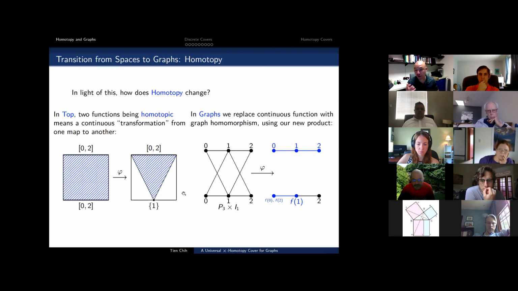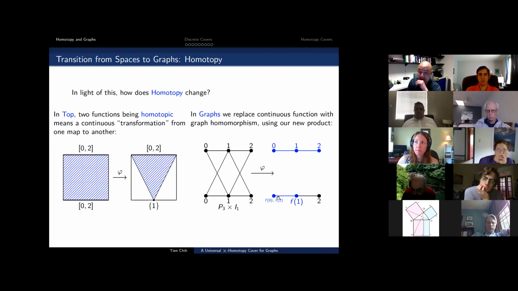The analogous thing that happens in graphs is we take the original 0, 1, 2 path and cross it with I_1, and we get something like this, and you get a function that embeds here, and then we can fold down here.